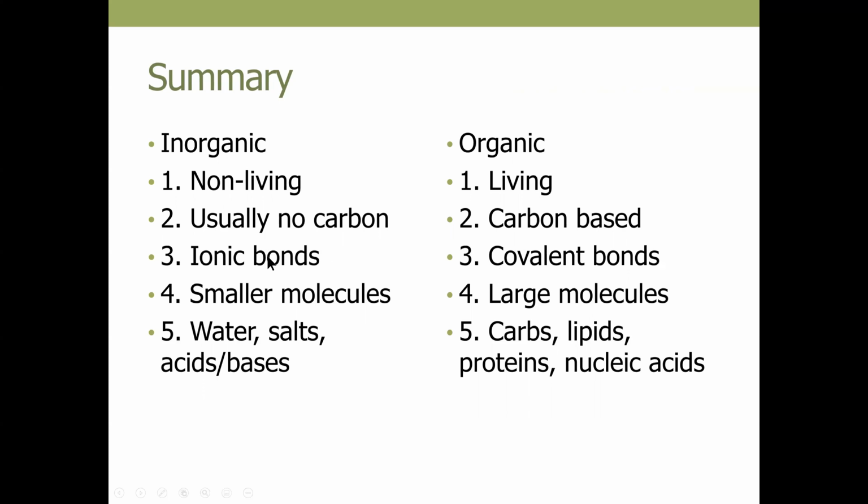An ion is an element or group of elements that has gained or lost electrons, and because of that has either a positive or negative charge and is attracted to one another. A covalent bond is the sharing of electrons. Inorganic compounds are smaller molecules, organic are larger molecules. Inorganic includes water, salts, acids, and bases. Organics include carbohydrates, lipids, proteins, and nucleic acids.